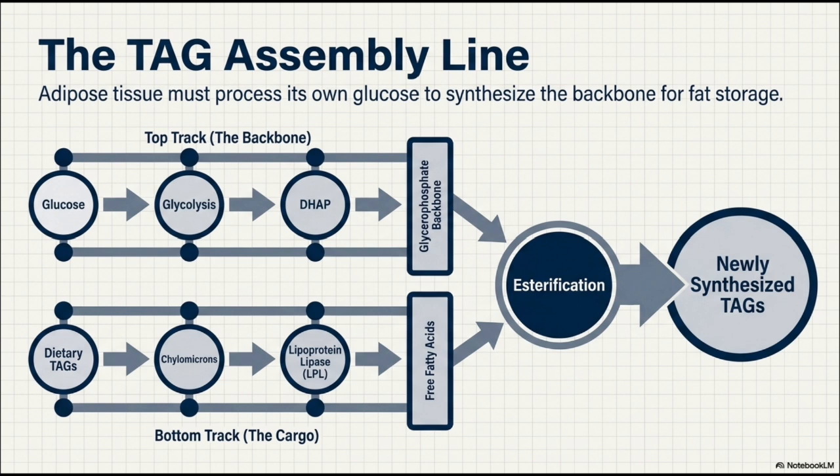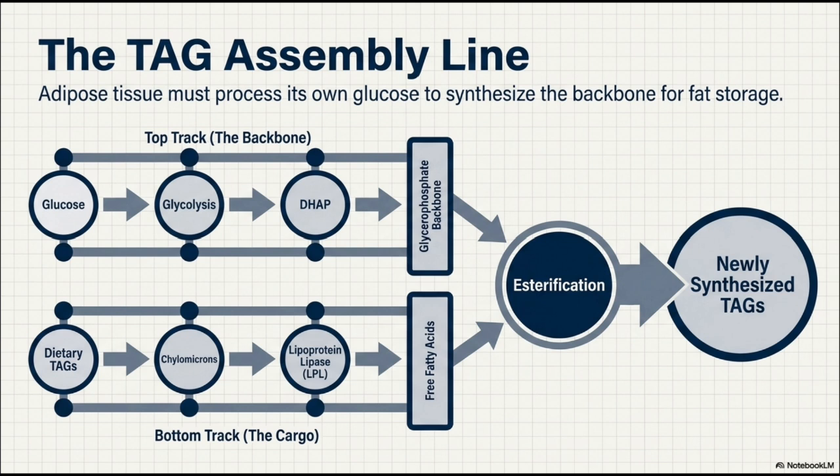And how are TAGs synthesized? You need fatty acids and you need glycerophosphate. The fatty acids are coming from the dietary TAGs from chylomicrons. Lipoprotein lipase breaks them down, picks those fatty acids up into adipose tissue. Then they are esterified to glycerophosphate. Where is the glycerophosphate coming from?